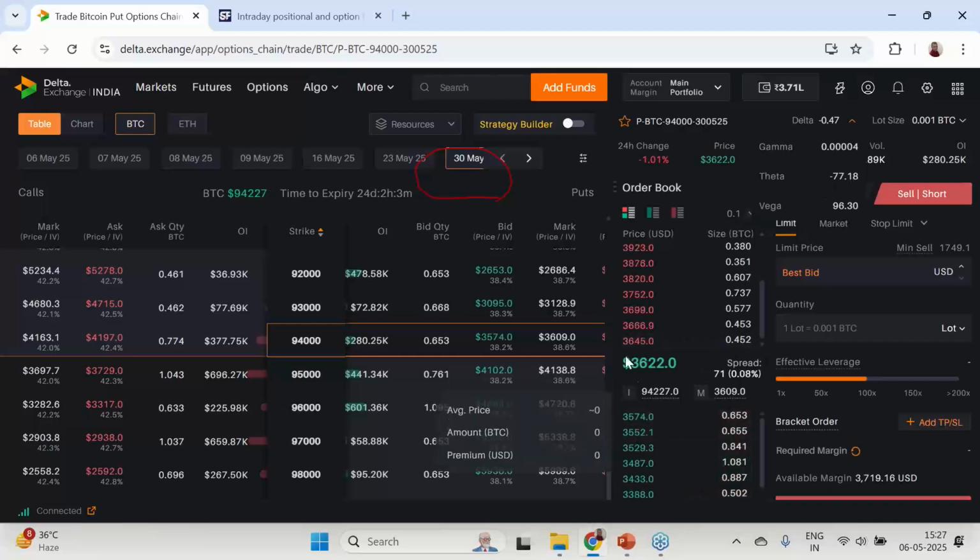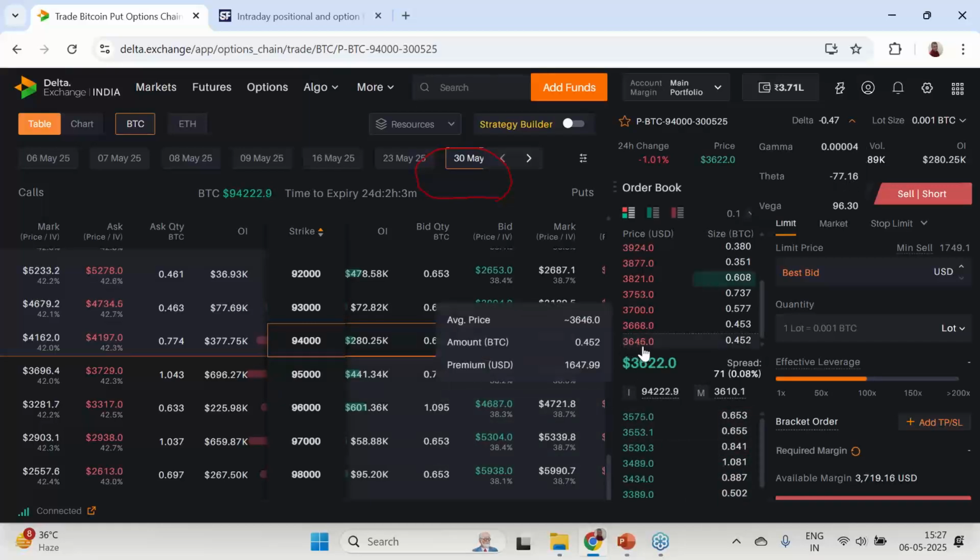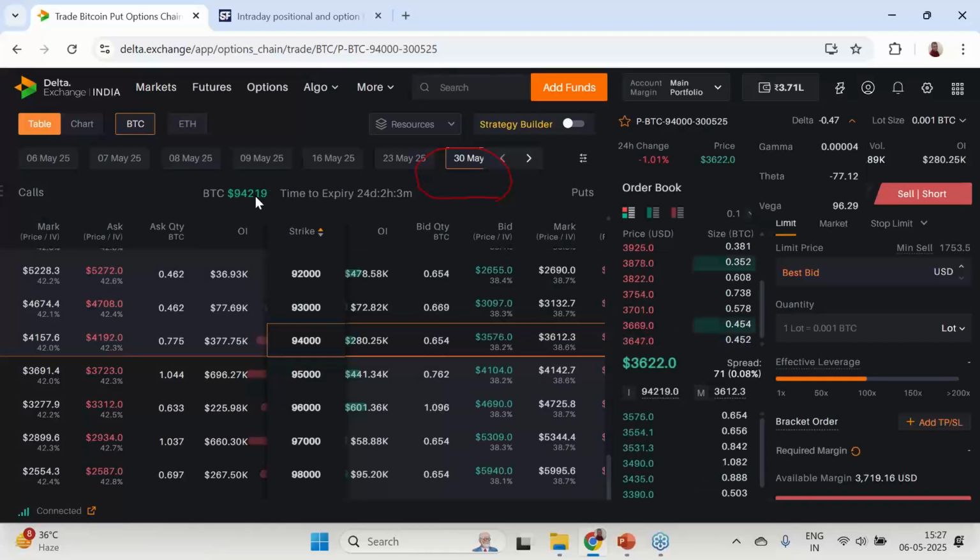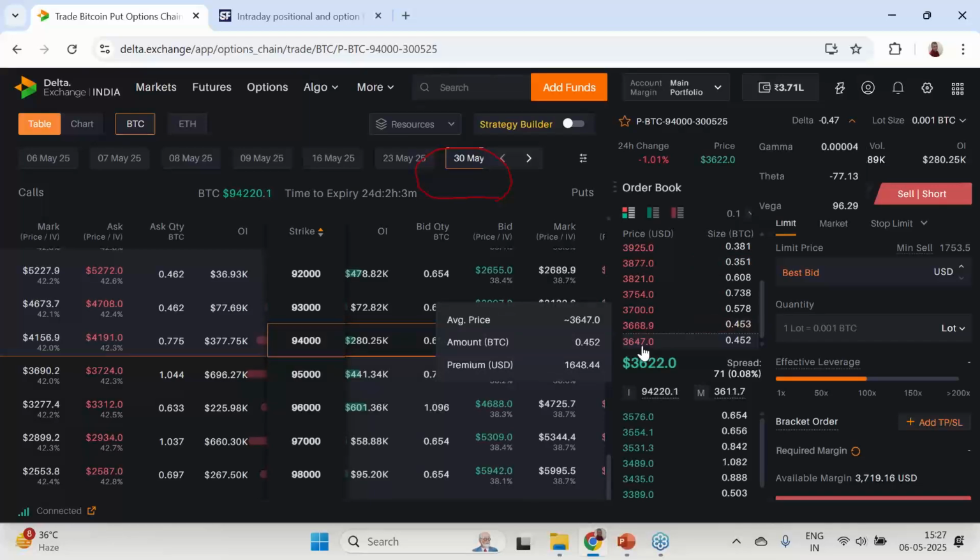It is currently quoting at $3,646 for one Bitcoin value, where the Bitcoin value is 94,218. So 3,647 USD is trading. It is OTM, out of the money, because it doesn't have any intrinsic value. The spot is above 94.